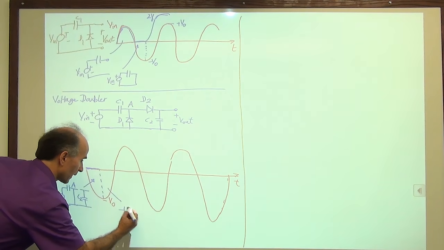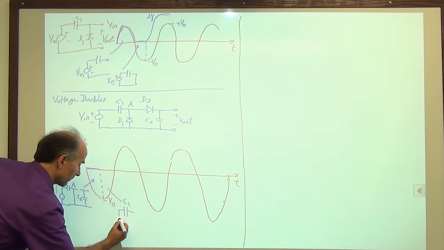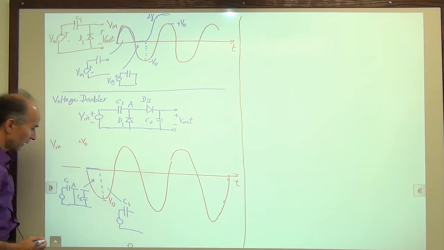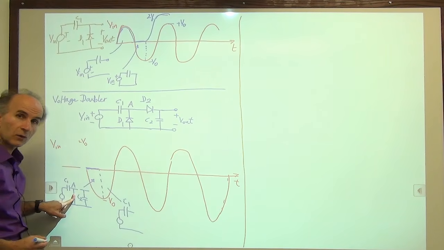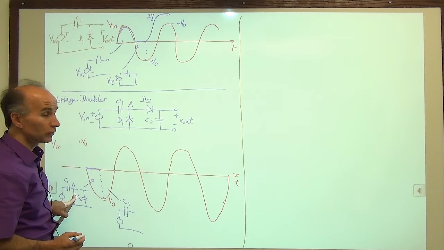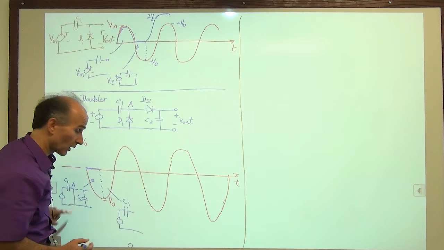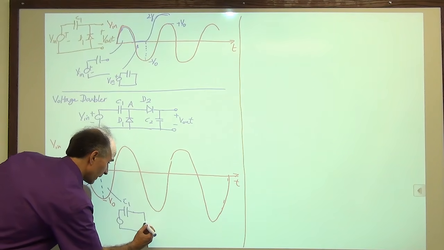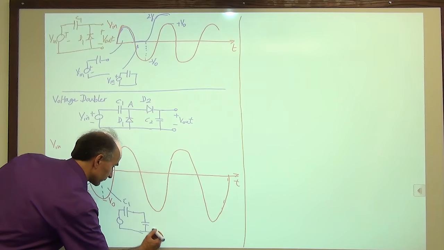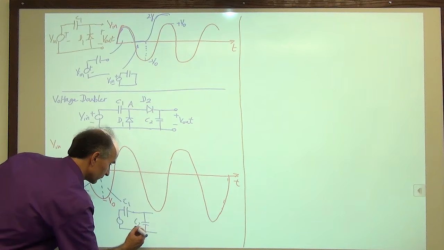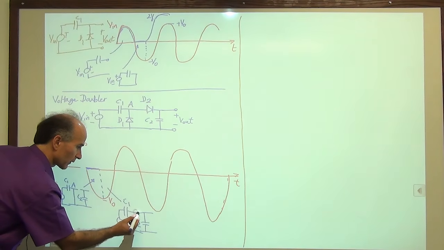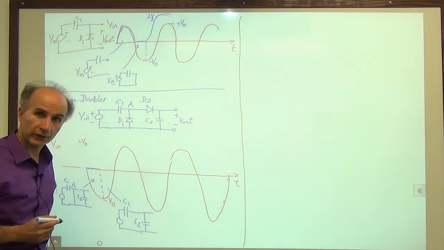We have C1 as always, our input as always. This guy turns off, D1 is no longer in the picture, and D2 becomes a short circuit because it's turned on. So we have a short circuit, and then we have C2. So the diode D2 is over here, but it is a short circuit.